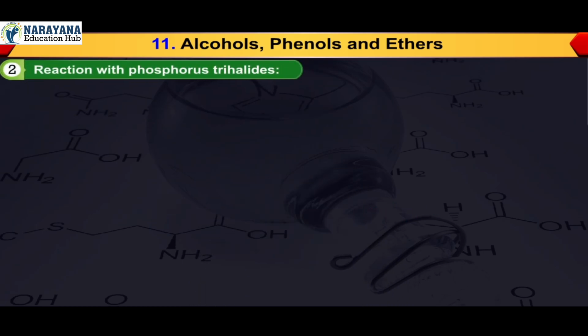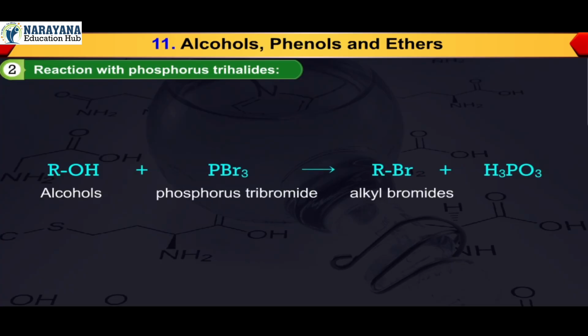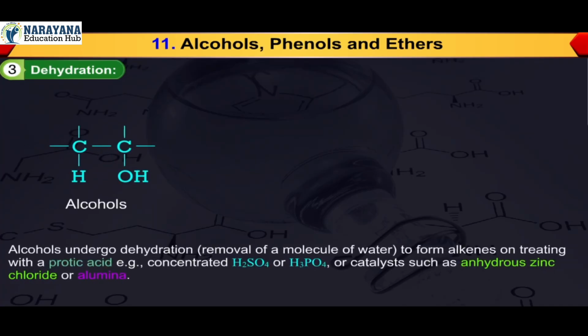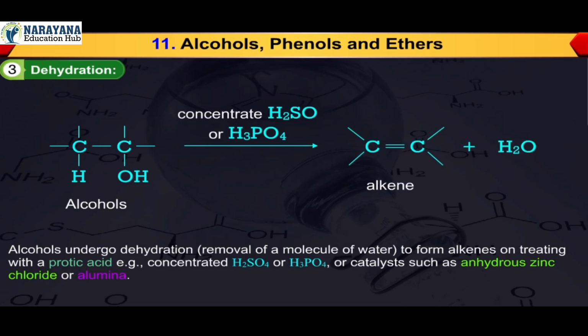2. Reaction with phosphorus trihalides. Alcohols are converted to alkyl bromides by reaction with phosphorus tribromide. 3. Dehydration. Alcohols undergo dehydration, that is, removal of a molecule of water, to form alkenes on treating with a protic acid, for example, concentrated H2SO4 or H3PO4, or catalysts such as anhydrous zinc chloride or alumina.